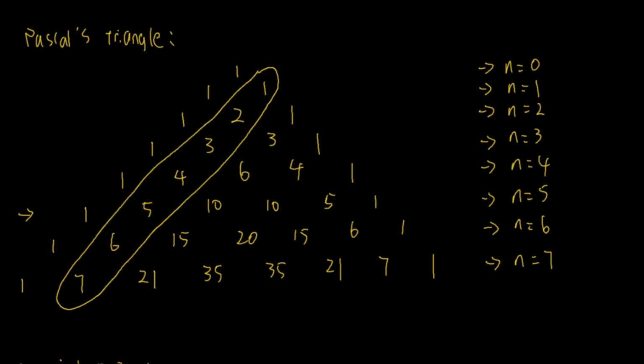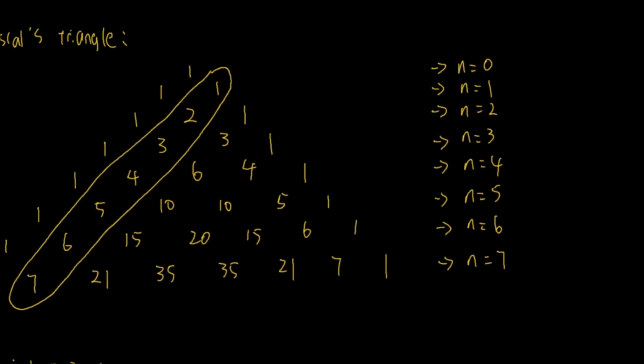We don't need to look at when n is equal to 0, because that is just this number here, which is 1. It's not part of the second row. So we can start from the power of 1, from here, n is equal to 1.